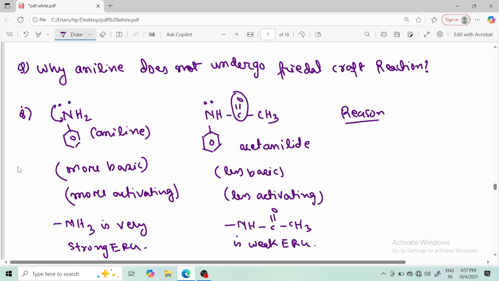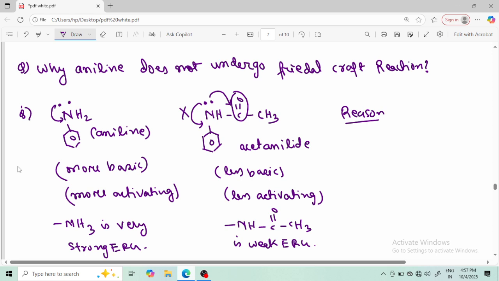But now since this part is there, instead of going here, it goes there. So that's how the activating power is reduced. They can ask this question in different ways: why it is less activating, why it is more activating, how the activating power of aniline can be reduced.